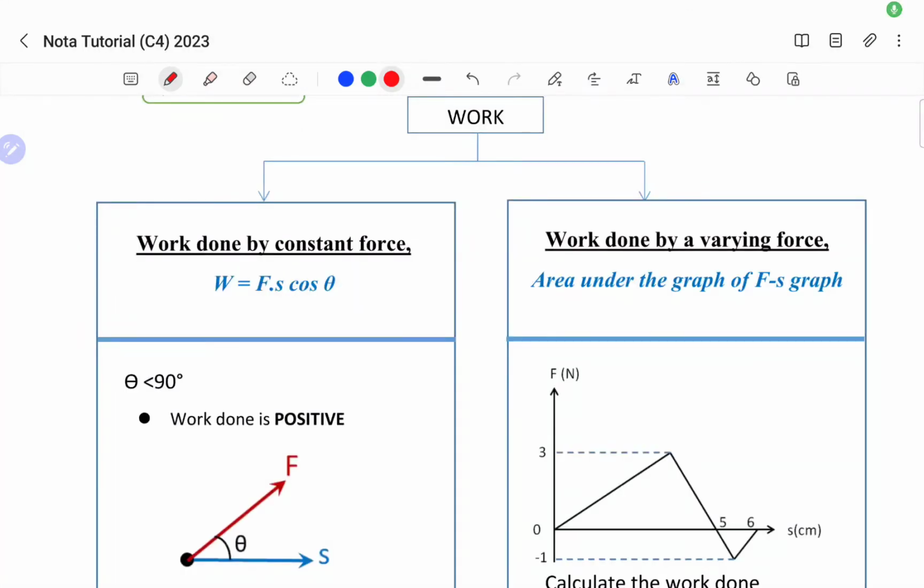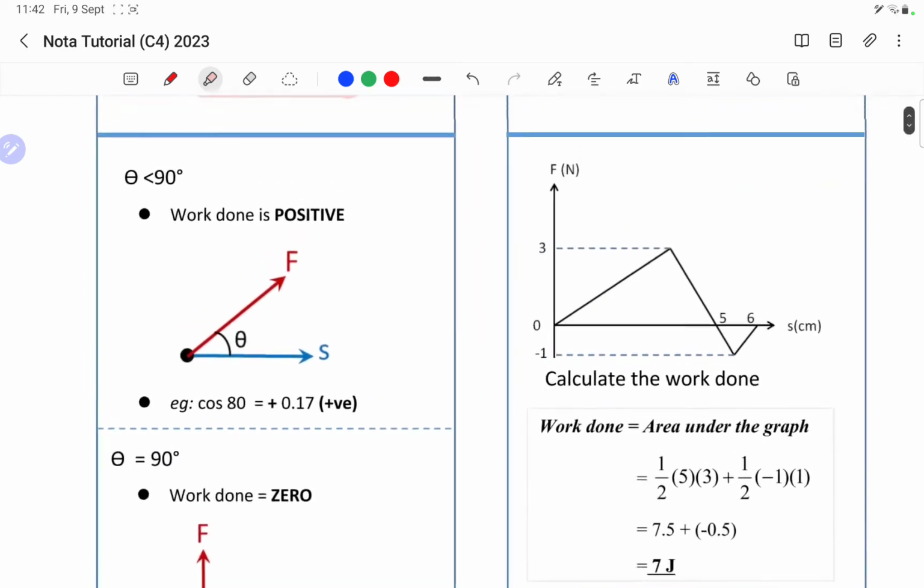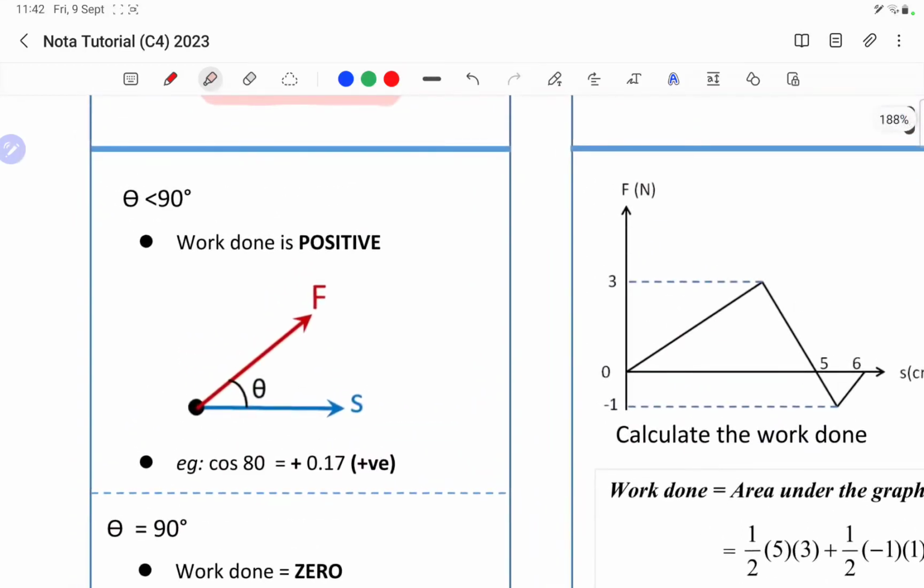For calculation, work done by a constant force, we just directly use this formula. Meaning that the force is not changing from the beginning until the end of the process. But work can have a positive or negative value. So we look at when work done is positive. This is when the angle is less than 90 degrees. So when you press cos 70, cos 50, cos 60, you will always get a positive value.